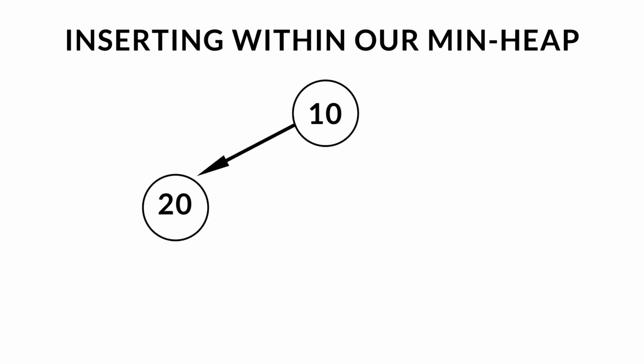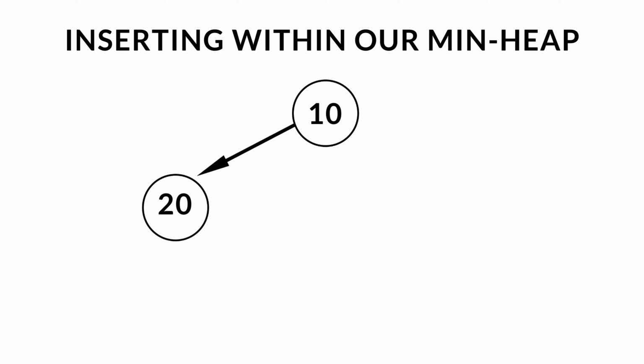Once 20 is inserted, we must maintain the min-heap property, that the parent node must always be less than the child. This process is called heapifying our tree. In this case, we heapify up the tree, comparing the child node to the parent node, up until the root node. Since 20 is greater than 10, there's nothing for us to do, and our heap property remains intact.